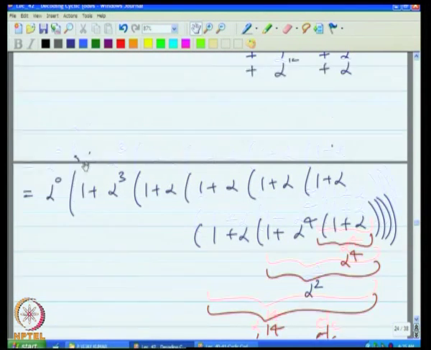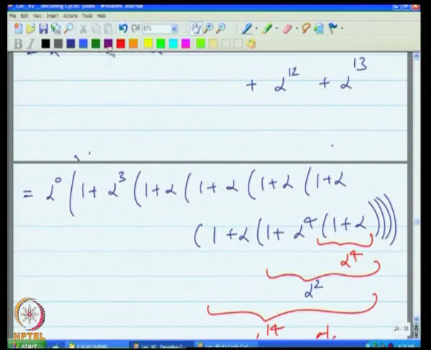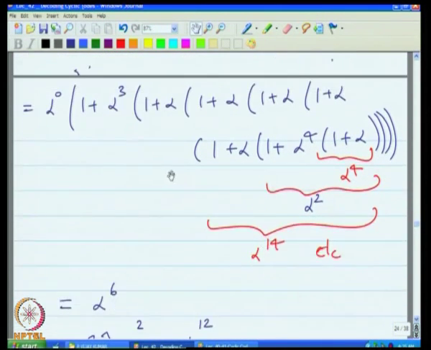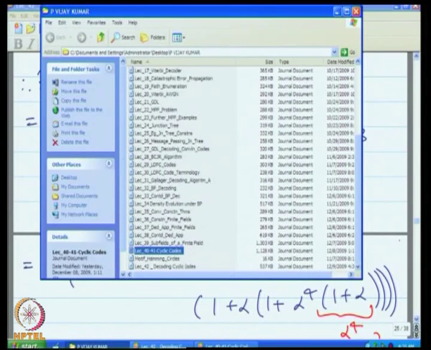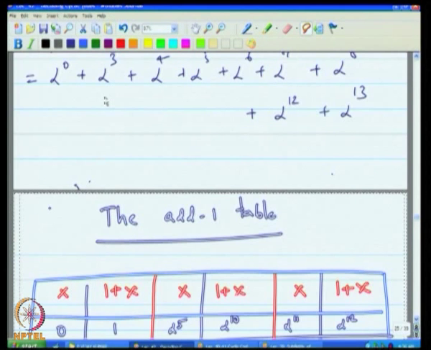Okay. Now, in case you are wondering, well, how do you actually do this? Okay. So, let me just, so there is no mystery here, we went through this before. So, perhaps what I will do here is I will pull up the add1 table from a previous lecture. Okay. So, here is the add1 table.